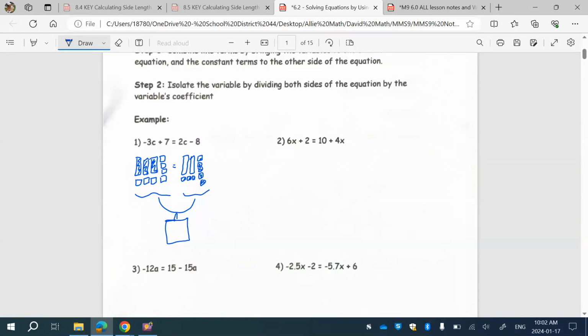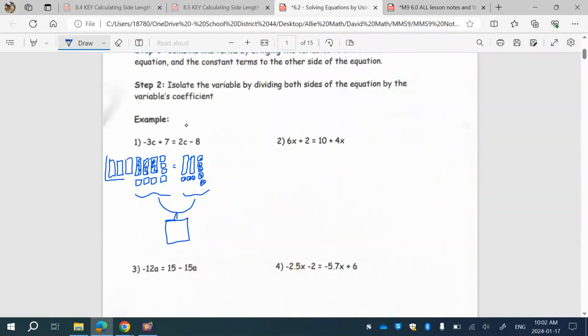I like to have positive variables, so I would like these negative 3's to be over here. So what we want to do is add 3 positive c's to each side.